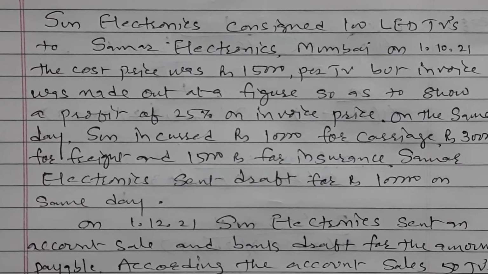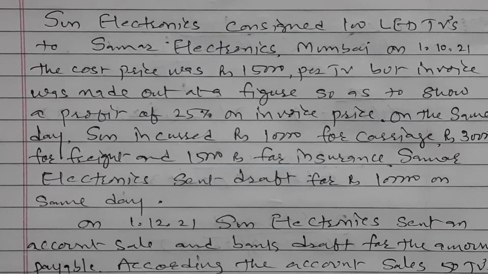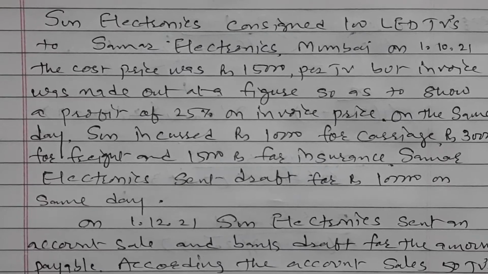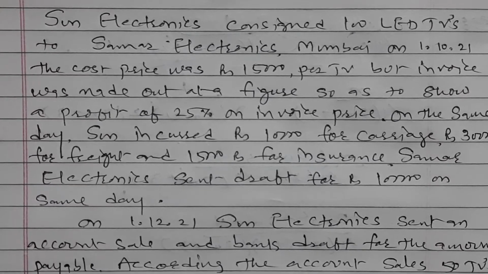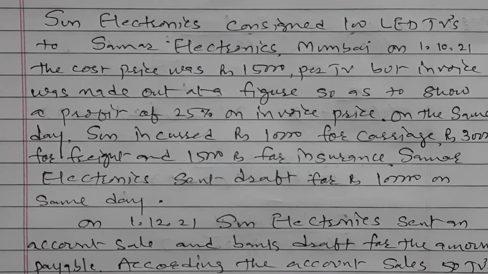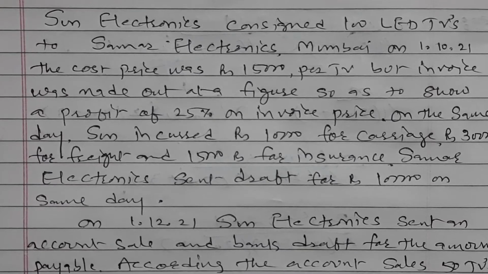Today in this lecture we are going to solve the sum of consignment accounts in journal accounts. Here the given sum is that Sun Electronics consigned 100 LED TVs to Summer Electronics Mumbai on 1/10/21.